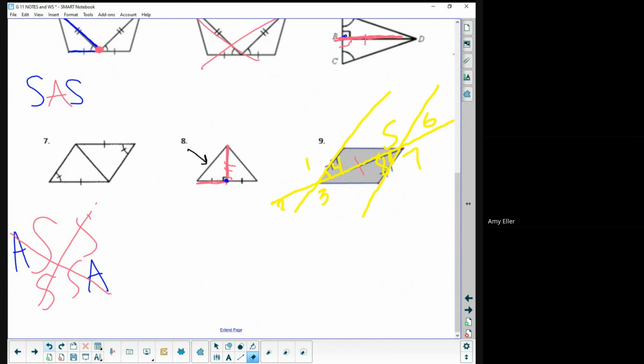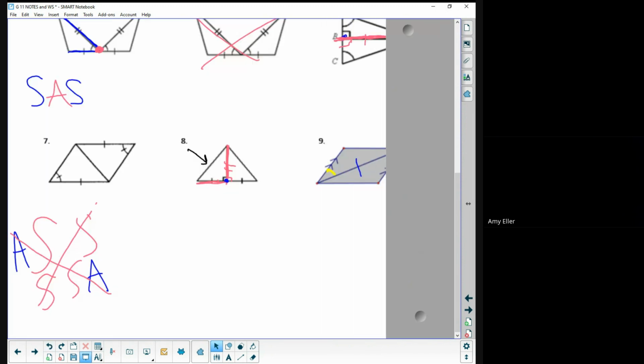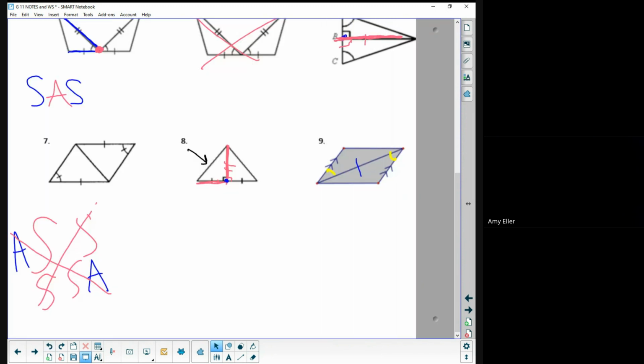Now let me clean it up a little bit. What we marked was this one and this one, and we already had this marked. Those are all the markings we can put in. Very hard to cover up one triangle here. Do I have 2 of anything?